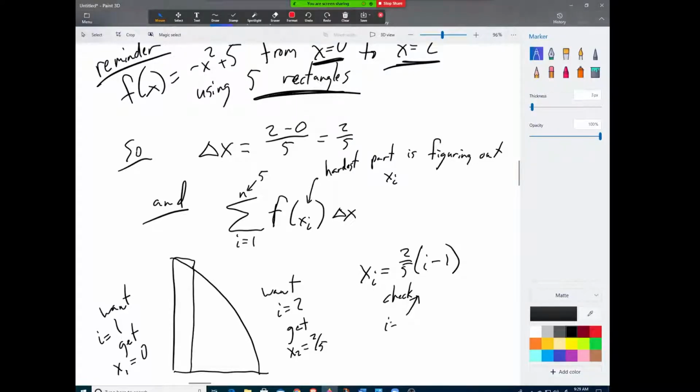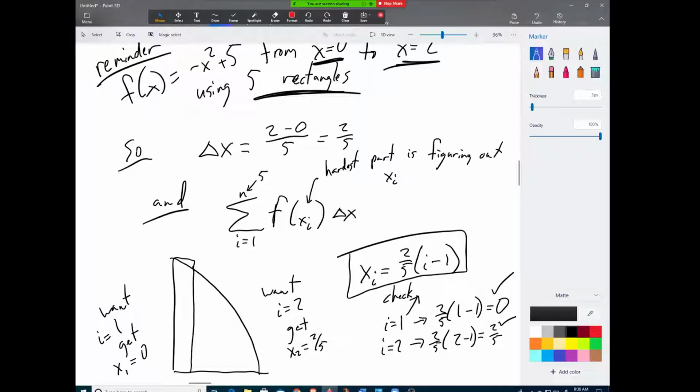If I plug in i equals 1, then I get 2/5 times 1 minus 1, which is 0. So that works out. If I plug in i equals 2, I get 2/5 times 2 minus 1. So 2 minus 1 is 1. 1 times 2/5 is 2/5. So it's always going to be a very, very good idea to go back and double check your work to make sure it really is giving you the thing that you want.